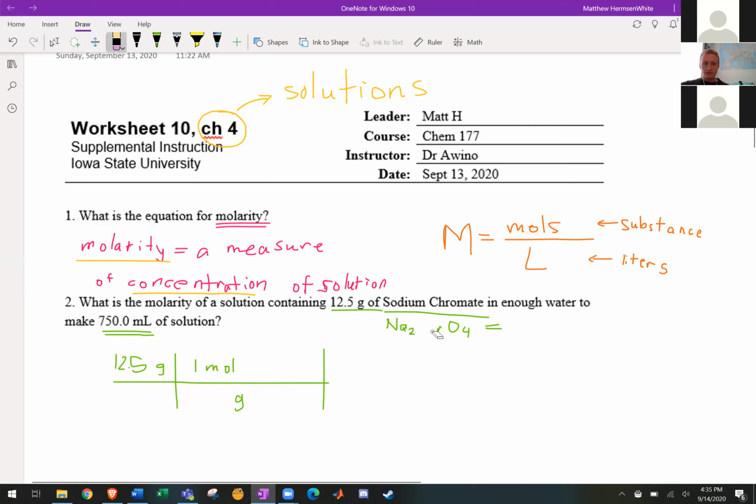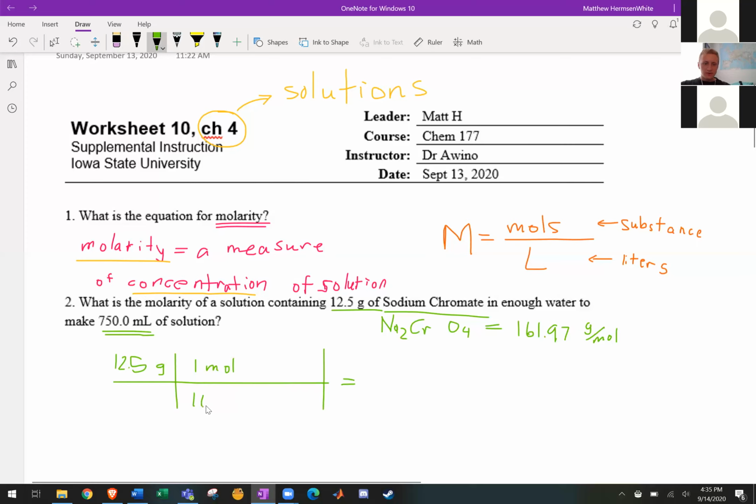I kind of butchered this, so I'll rewrite it. The molar mass for Na2CrO4 is 161.97 grams per mole, just from the periodic table like we did last chapter. I'm going to put that on the bottom here.